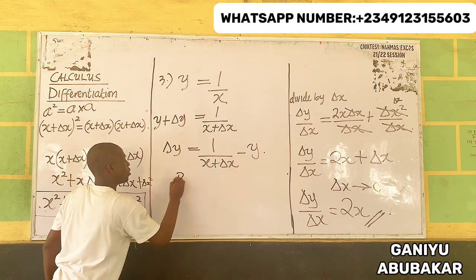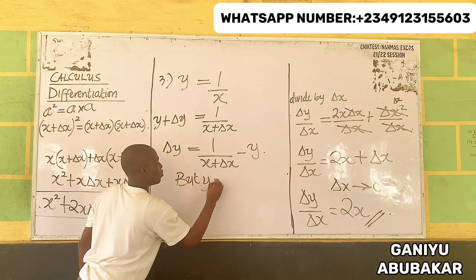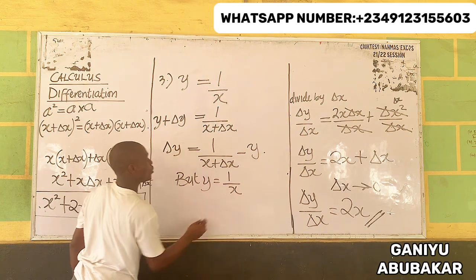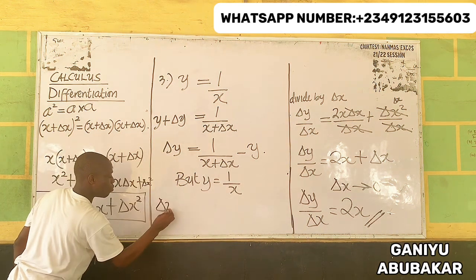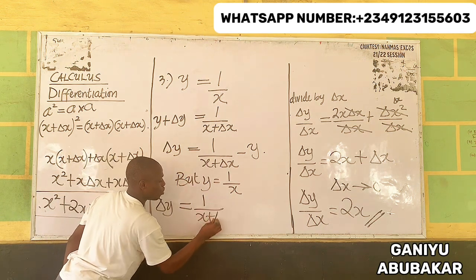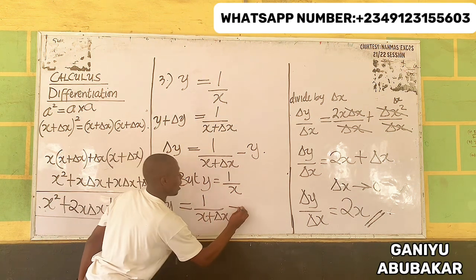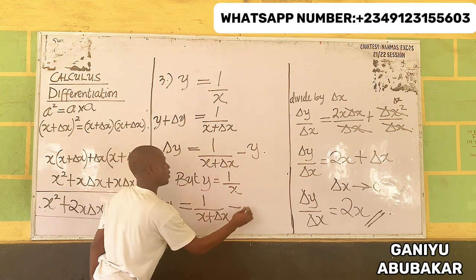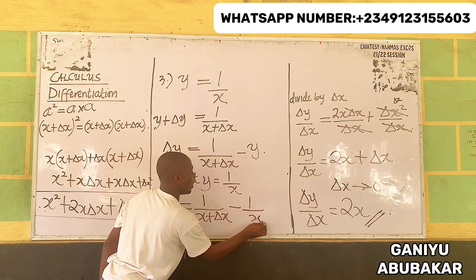So what's y from the question? 1 over x. I'll have change in y equal to 1 over x plus change in x minus 1 over x.